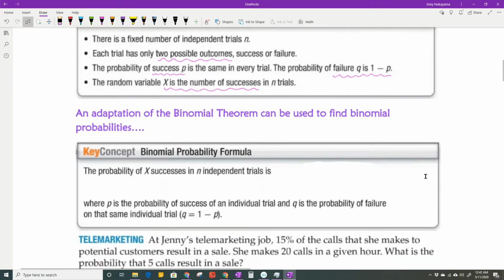Okay, so first off, the binomial probability formula that they give you in your book, or you see in most books, looks like this. Okay, the probability of X successes, so the X is here. Okay, remember P is success and Q is failure, and Q is equal to 1 minus P. Well, y'all, this is the same thing as our combination rule that I just talked about.